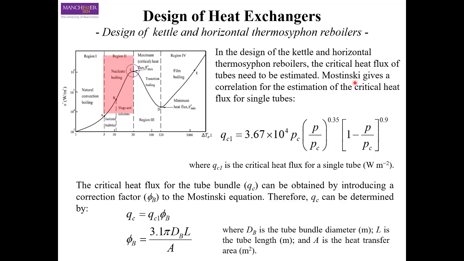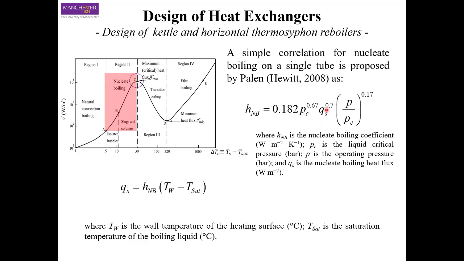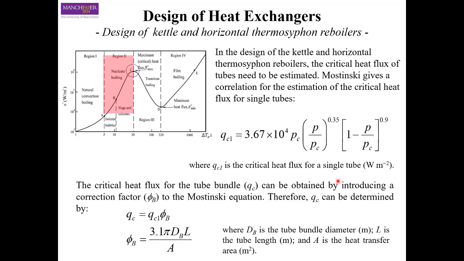Okay, and as you know, when we are talking about design of a kettle reboiler or a horizontal thermosiphon reboiler, we want to calculate what is the critical heat flux of the tubes. Because once we know the critical heat flux, we can calculate, for example, our operating heat flux in terms of the QS, that is the nucleate boiling heat flux, because we operate, as I said, up to 70% of critical heat flux.